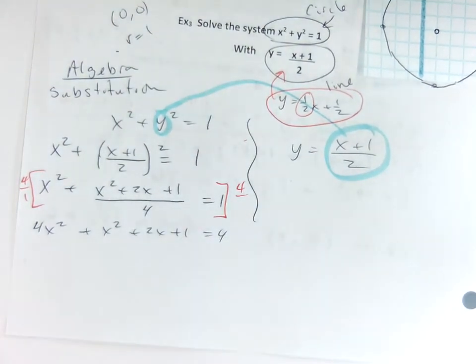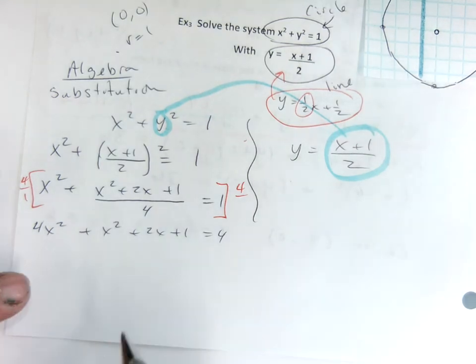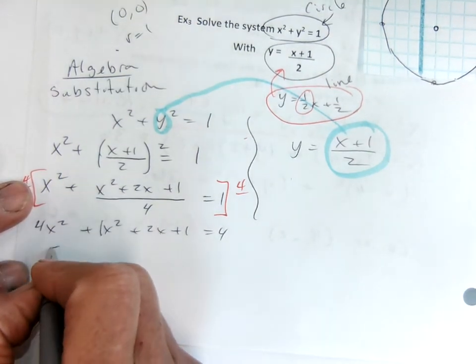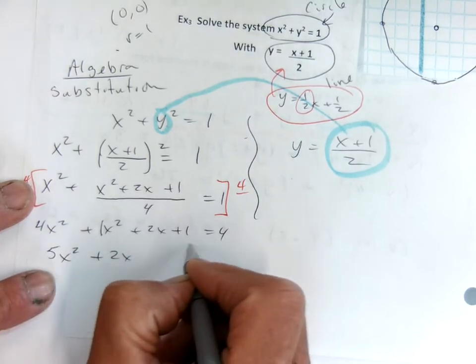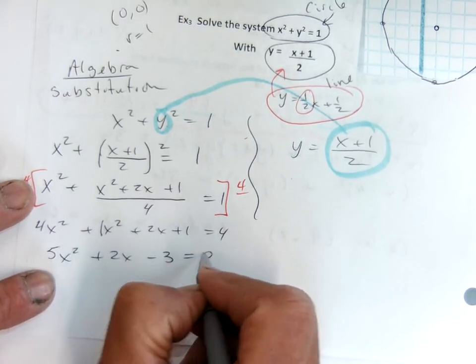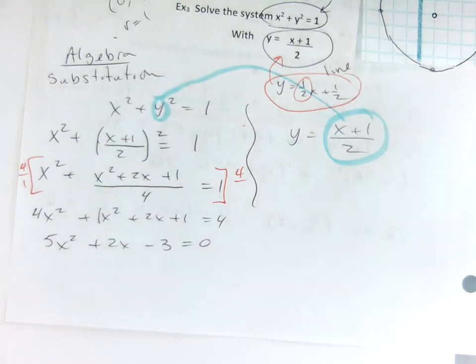Okay? I just multiplied everything by 4. It got rid of my fraction. And now I need to solve for x. So I'm going to have 5x squared plus 2x minus 3 equals 0. Okay, I'll step back and let you think about how I got the minus 3. I just brought the 4 over, okay?